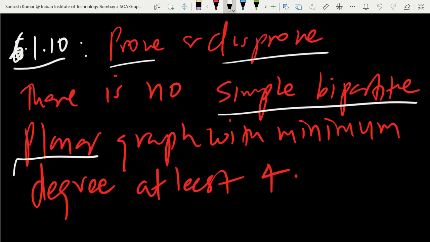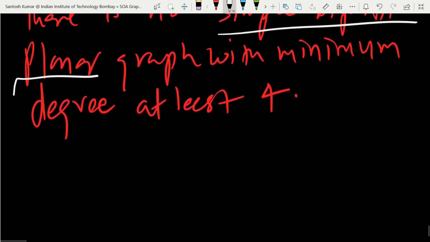And you also know that it does not contain any odd cycle. So a bipartite graph does not contain any odd cycle, so it is triangle free. So we have to prove there is no such graph.